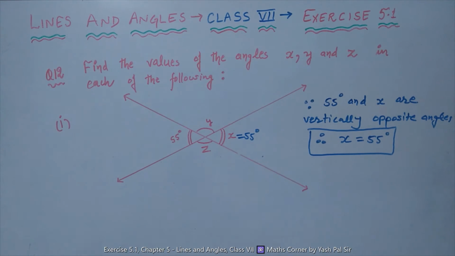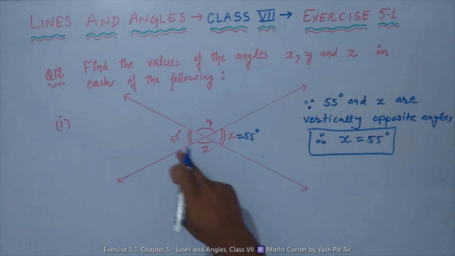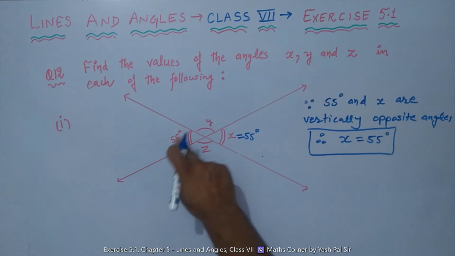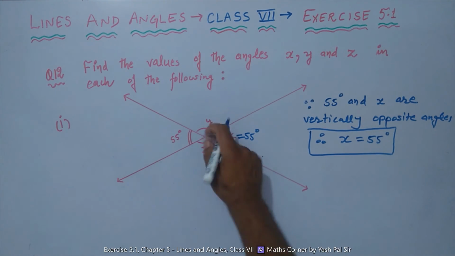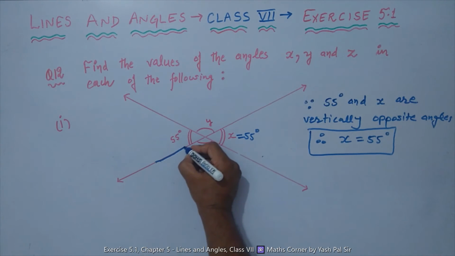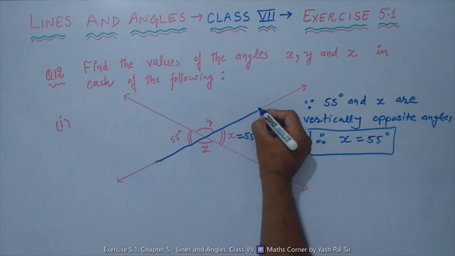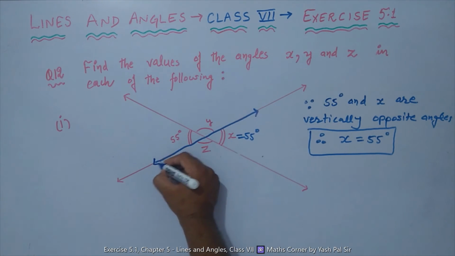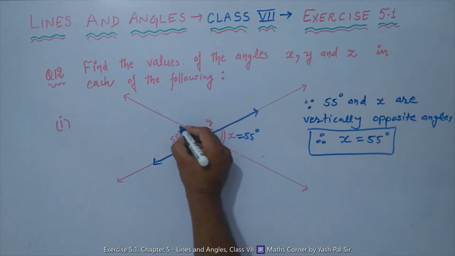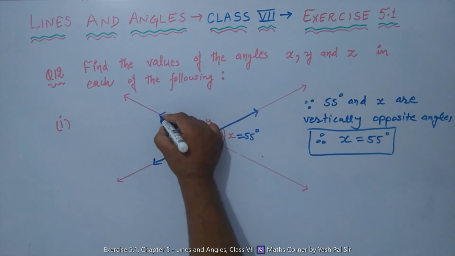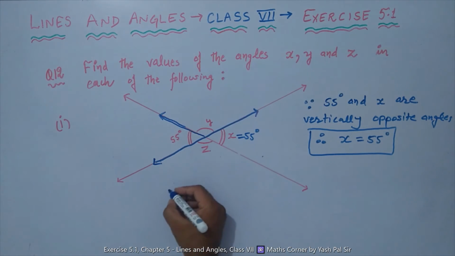Right? Now second thing, angle 55 degree and y, they are on the same line, linear pair. Okay, what about linear pair of angles? The sum is equal to 180 degree.